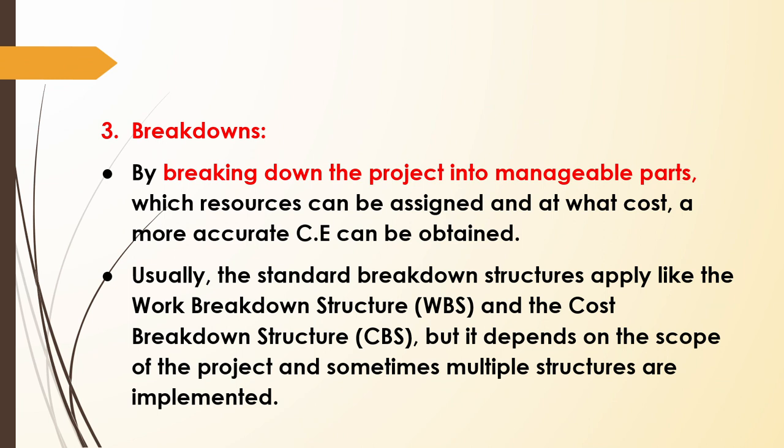Third one is breakdown. Now after you get that forecasted amount and the quantity, what you do is you split up the work. There may be different works. For example, if you are constructing a building, you need to first do the earthwork.